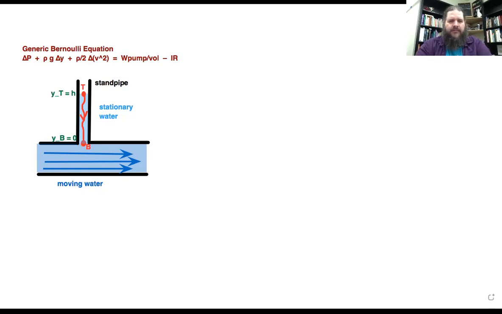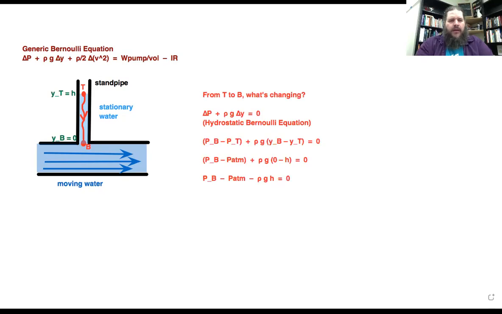So pressure at the bottom minus atmospheric pressure plus density times gravity times 0 minus h would just be negative h. So we get negative rho gh. And then how would you solve that for pressure at the bottom of the pipe?